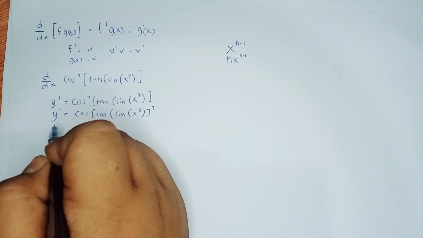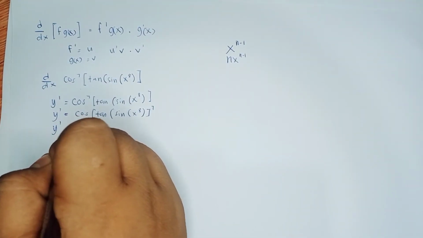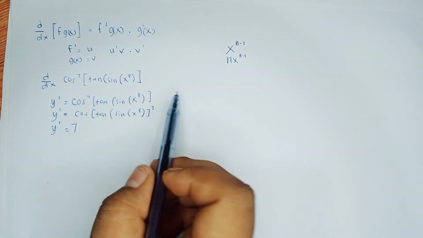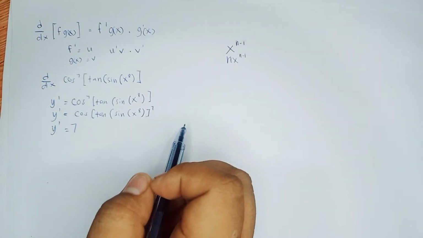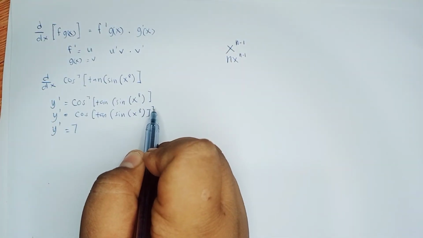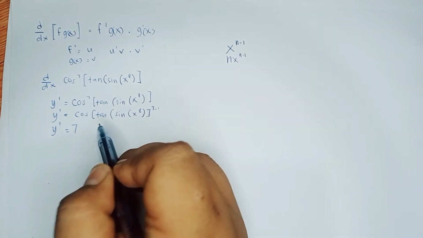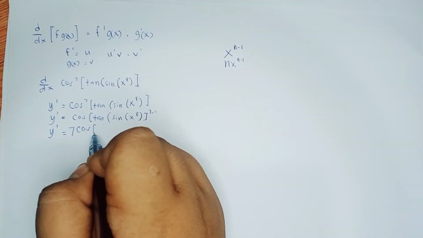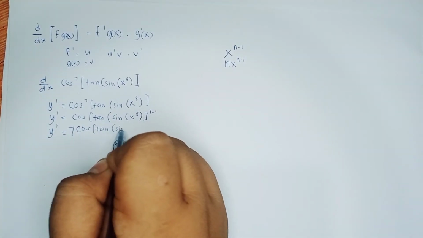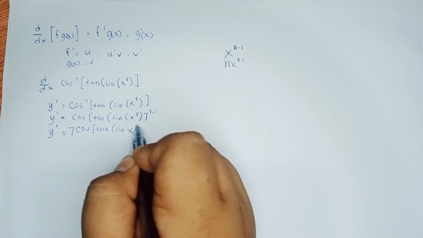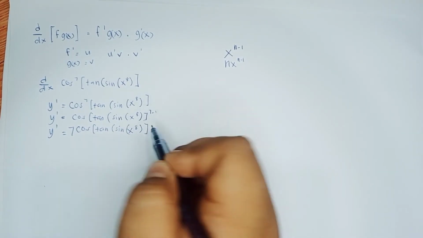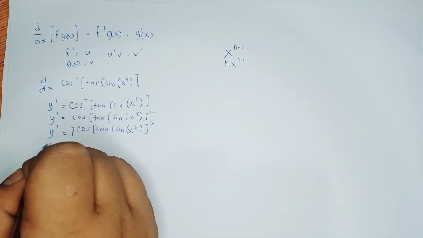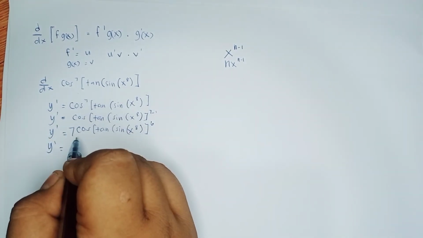So let's proceed. y prime is equal to 7, since we are using the power rule, we can simply subtract 1 from 7 and put the 7 here. 7 cosine of tangent of sine of x raised to 8, all raised to 6.